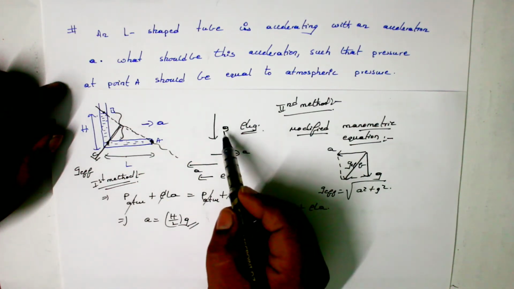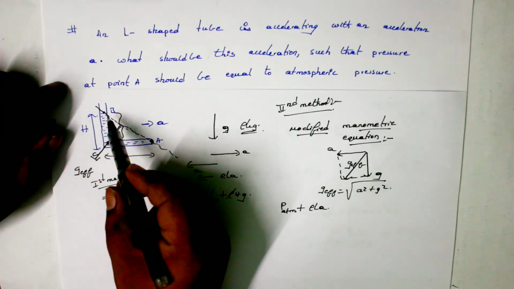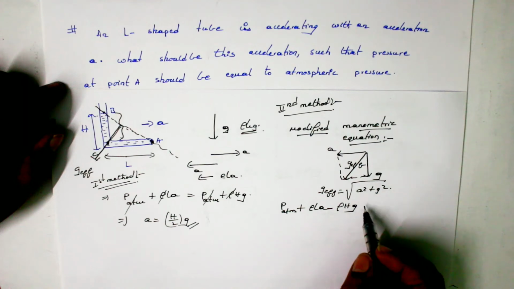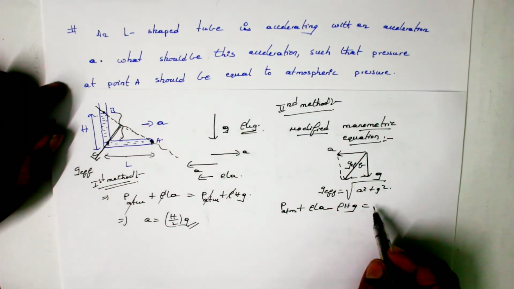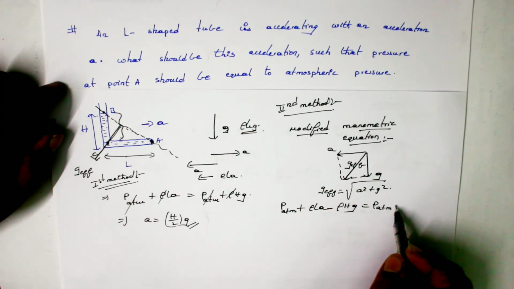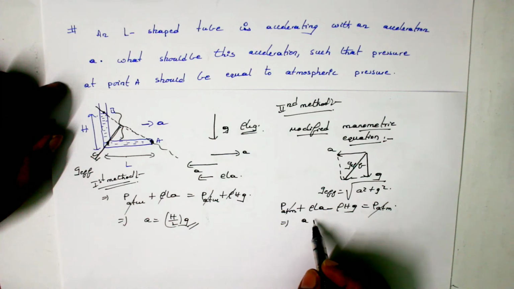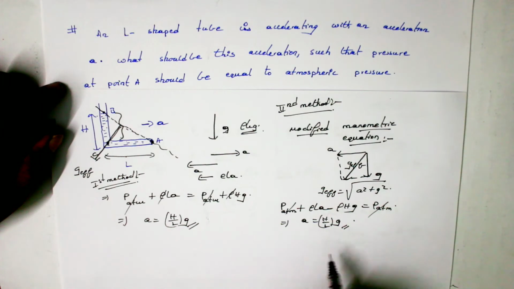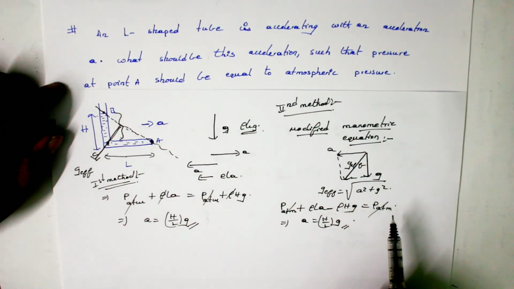Because of acceleration due to gravity, this pressure will be acting, and as I move upwards, pressure decreases. So I will write rho capital H into G. Now I have reached the other end of the pipe, and here pressure will again be equal to atmospheric pressure. So if I cancel these two, then I will get A is equal to H by L into G. So in this method also I can calculate very easily by constructing a manometric equation.